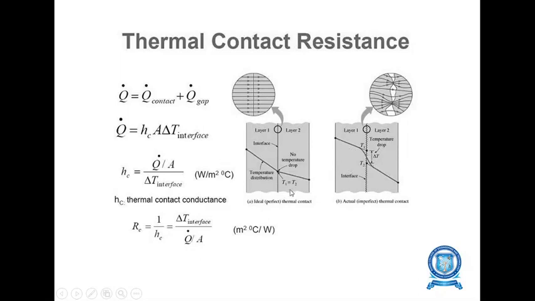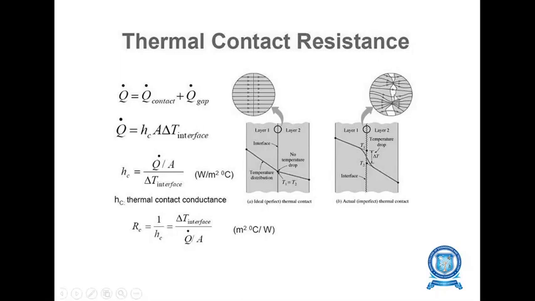So look at the comparison. In the perfect thermal contact, the temperature is gradually decreasing, as per Fourier's law of conduction, in layer 1. Afterwards, it continues to gradually decrease in layer 2.